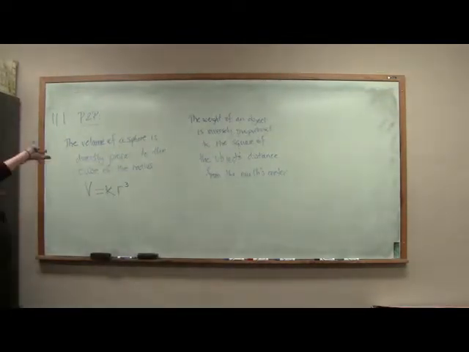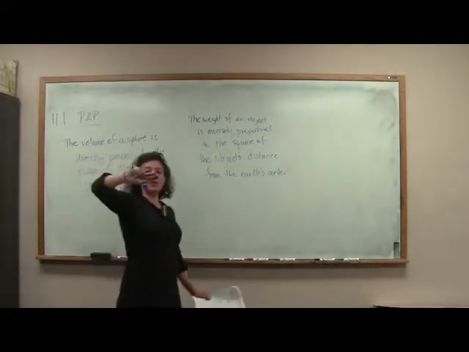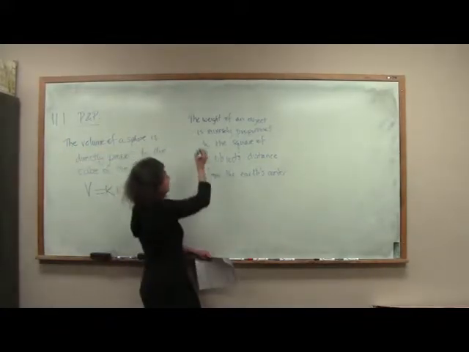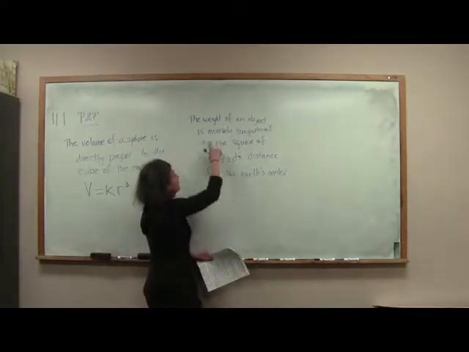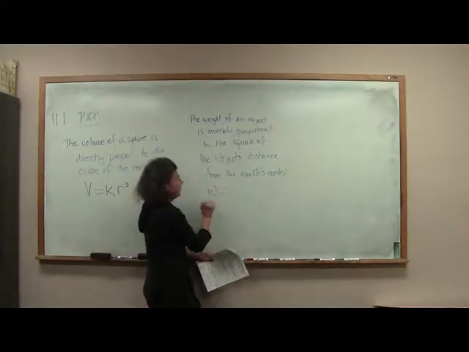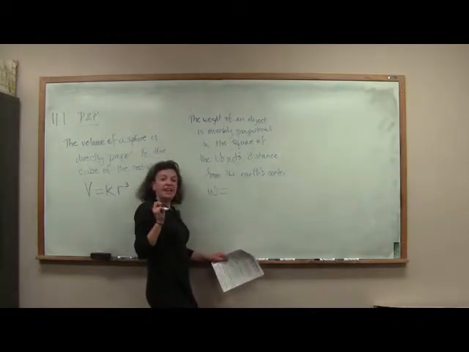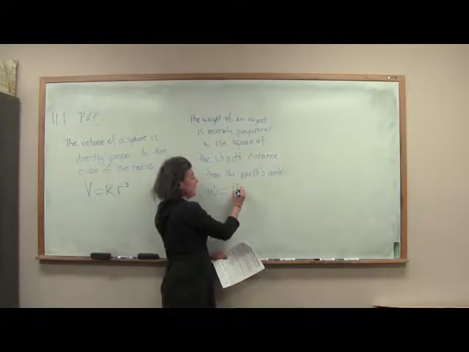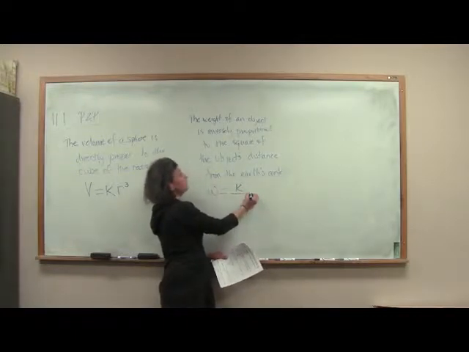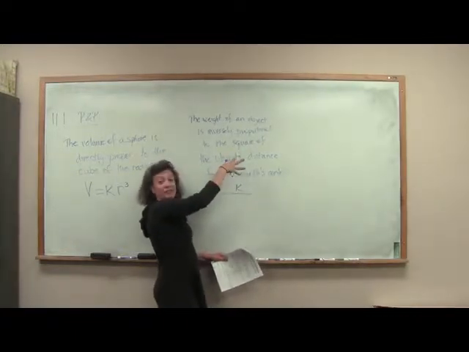Now, when we talk about inversely proportional, that's when you have a fraction. So, the weight of an object, I'll call that W, is, okay, once we see that it's inversely proportional, that means it's going to be some constant, but now it's going to be divided by whatever this is.